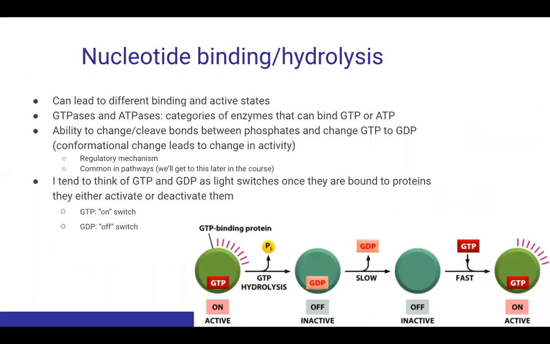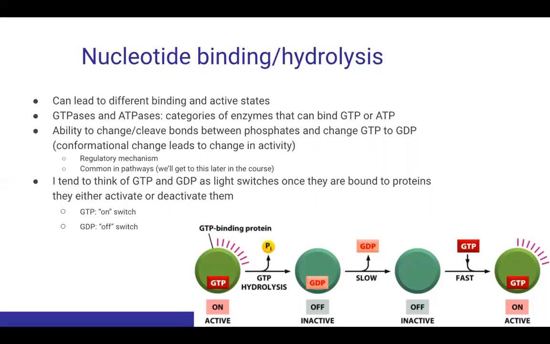Okay. So then this is nucleotide binding / hydrolysis, and it can lead to different binding and active states. And then proteins that are GTPases and ATPases are enzymes. So these proteins are enzymes, and they can bind to GTP or ATP.